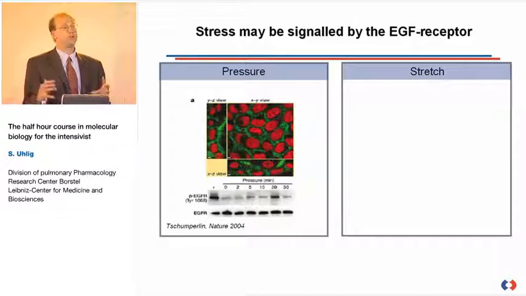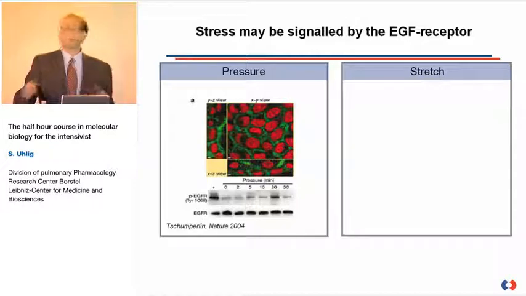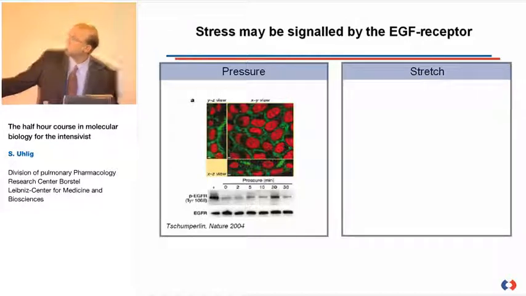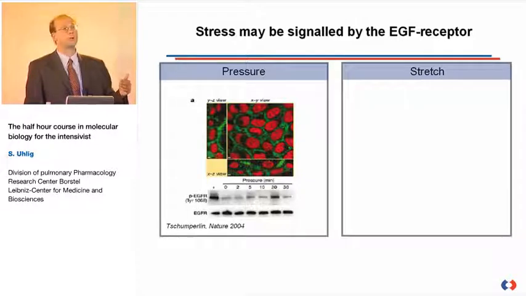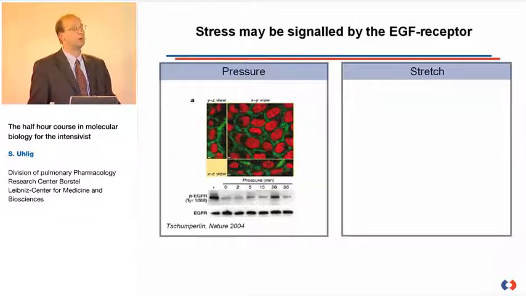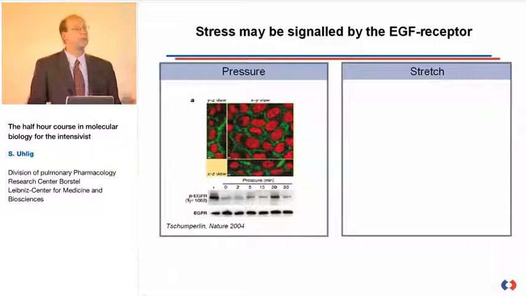So what they show is, if they use compressive stretch on those cells in culture, then you see after 20 minutes there is an activation. And I'll show you in a moment how this is done. This is a Western blot, an immunoblot using antibodies against the EGF receptor. This is an antibody against the EGF receptor itself, and this is an antibody against the phosphorylated form of the EGF receptor, right?